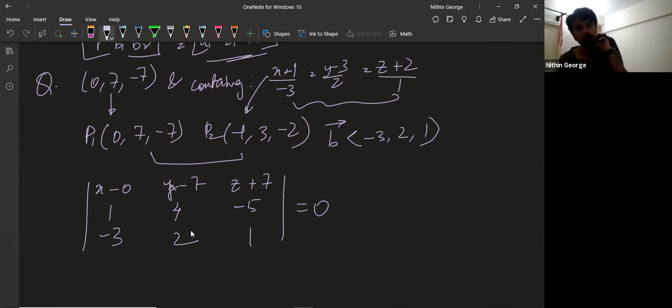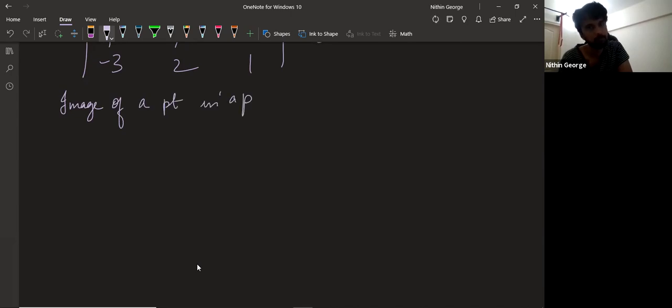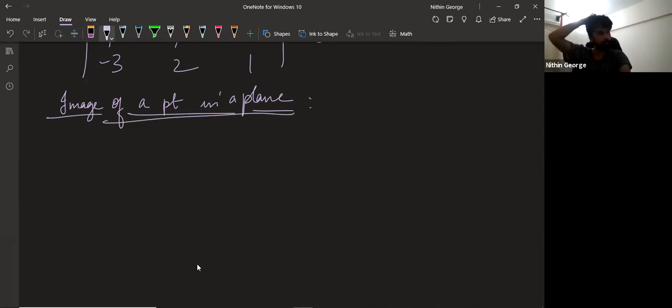Now, do one fun topic. Image of a point in a plane. So you have some point here, alpha, beta, gamma.